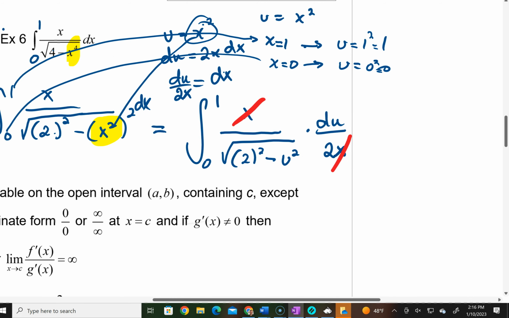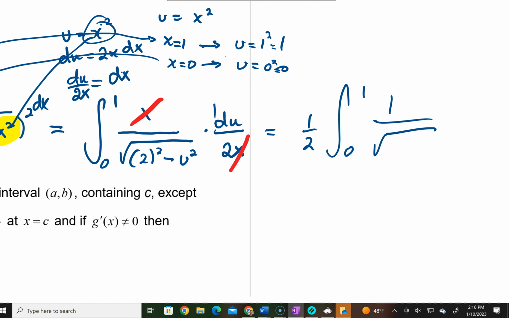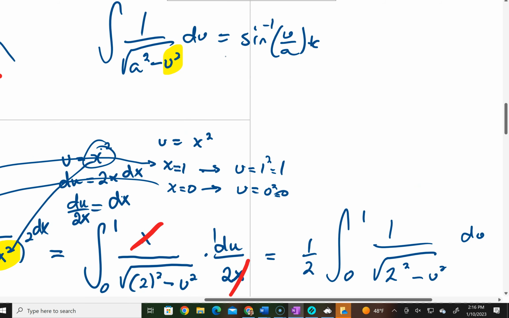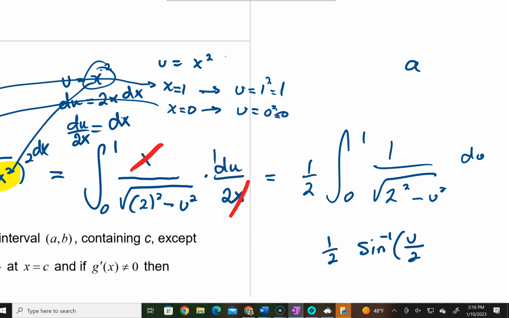So now what? We can say, well, I've got a 1 over 2 right here. And, wow, we are almost home. We're going to follow that template right up here, and we're going to say, well, I need inverse sine of u over a. So I've got 1/2 out in front, then inverse sine of u all over a, because remember, your a is 2 here.